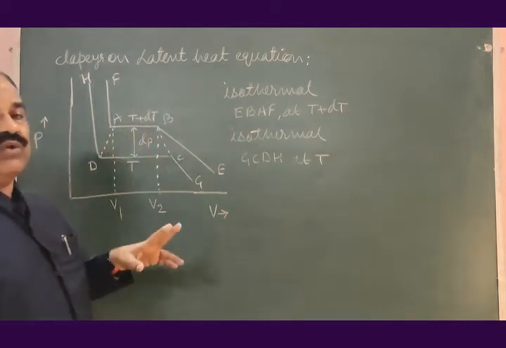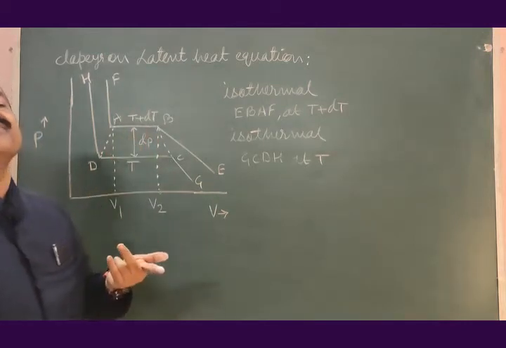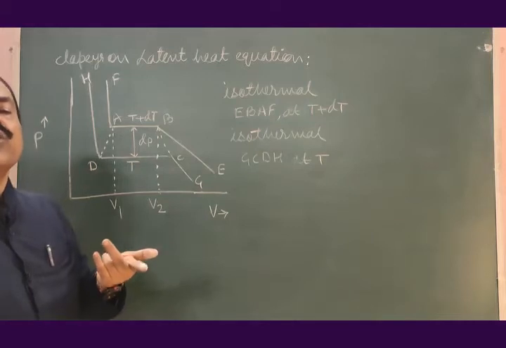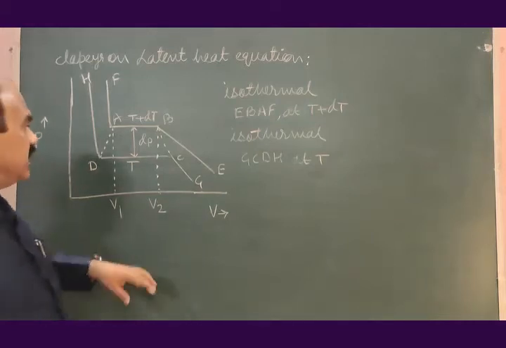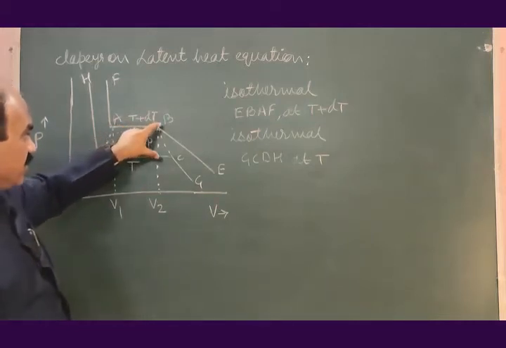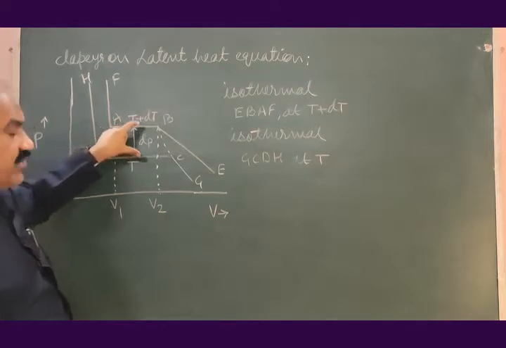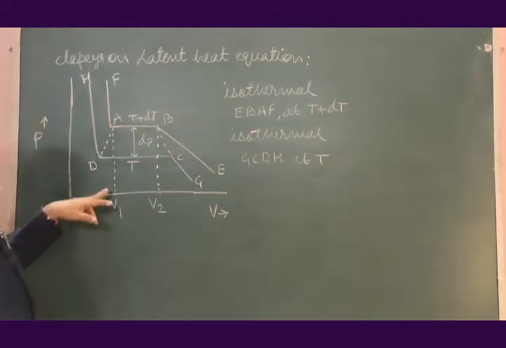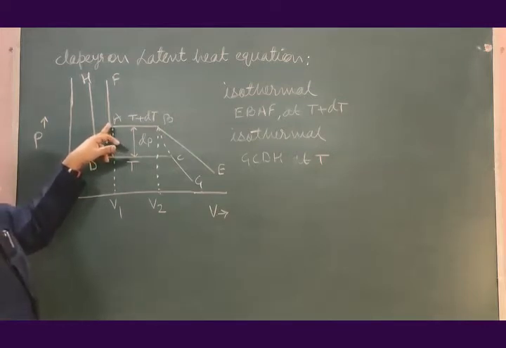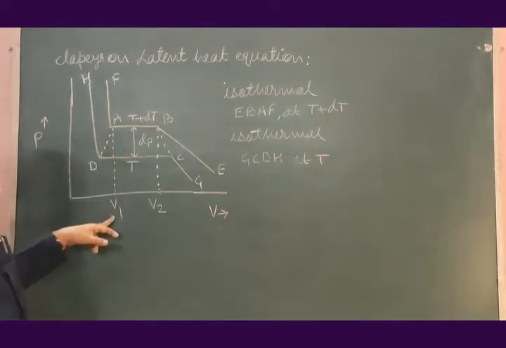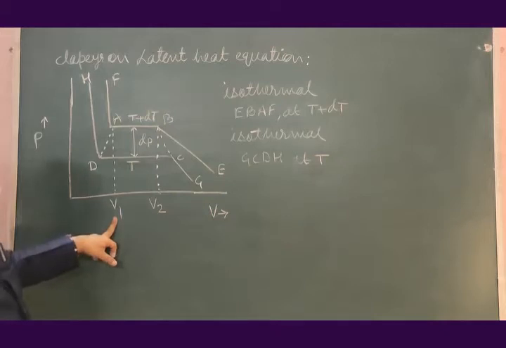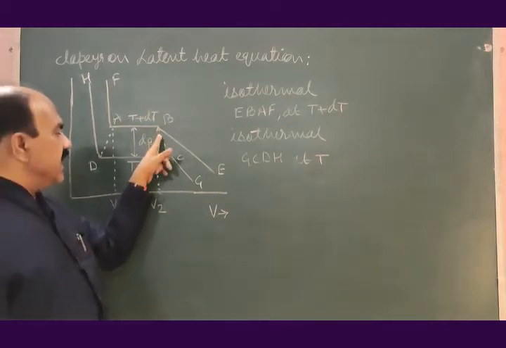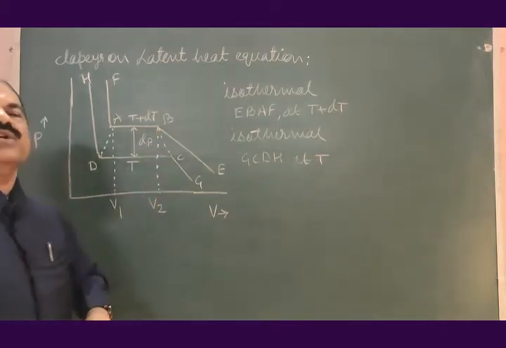The change in volume of the liquid is ignorably small. Change in pressure of these two is dP. Let us consider volume of the matter at point A is V1. Volume of the matter at point B is V2.